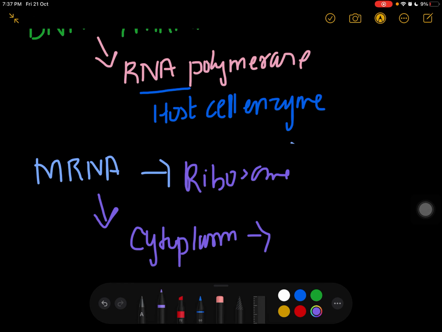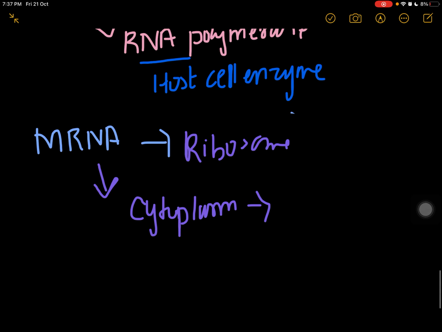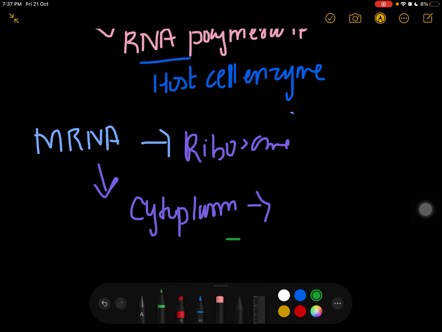So there will be two types of mRNA formed. One will go into the ribosome and one will go to the cytoplasm, and the one which goes to the cytoplasm is known as genomic RNA, that is known as genomic mRNA, right? And the one which goes to the ribosome, why will it go to the ribosome?